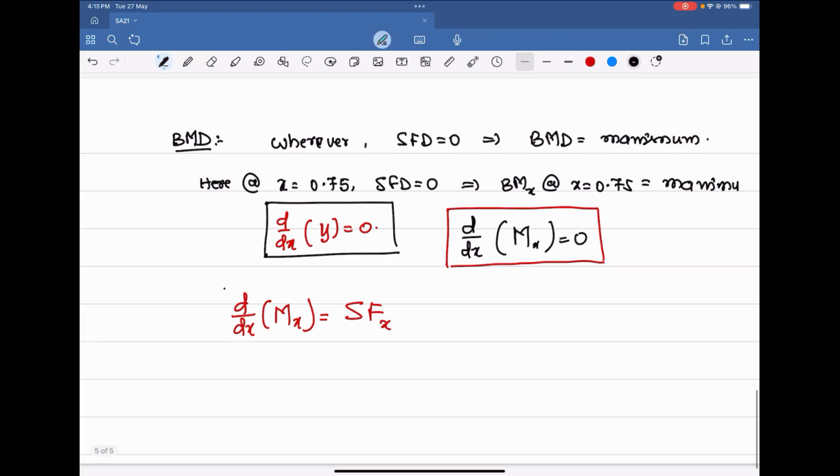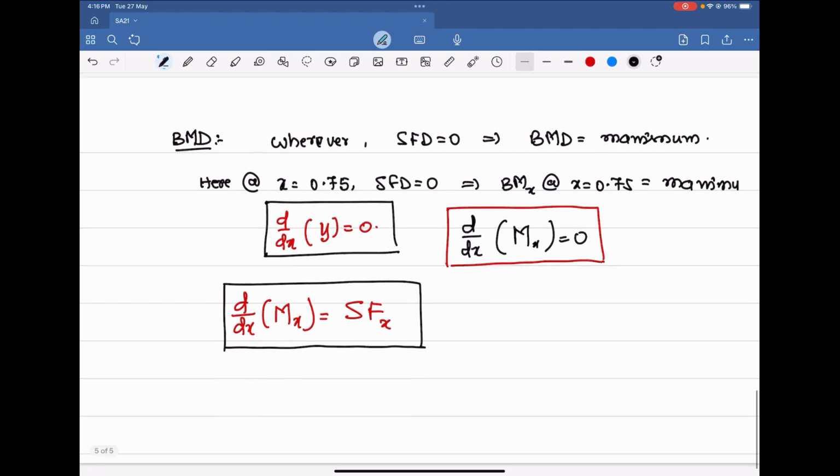This is a very important observation in finding the relation between a shear force and a bending moment. And for maximum values of bending moment, this d by dx of Mx should be equal to 0. That is d by dx of Mx, that shear force should be 0.